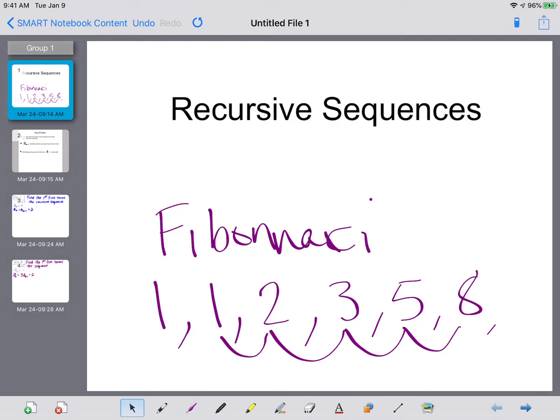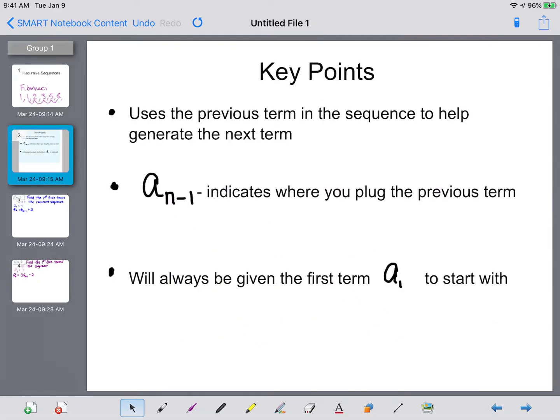We're going to focus on recursive sequences that use a formula. Some key points to remember: recursive sequences always use the previous term in the sequence to help generate the next term.